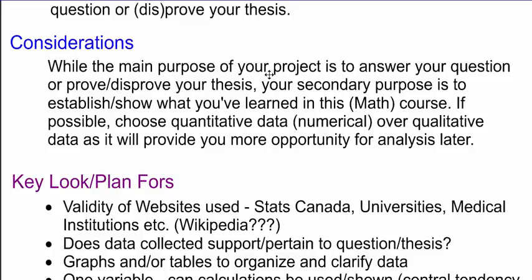While the main purpose of your project is to answer the question or prove or disprove your thesis, you do want to remember this is a math course, and so as you're finding data, as you're creating your thesis even, or asking your question, you want to lean towards quantitative data or a question that will require quantitative data, so numerical values, over qualitative data.